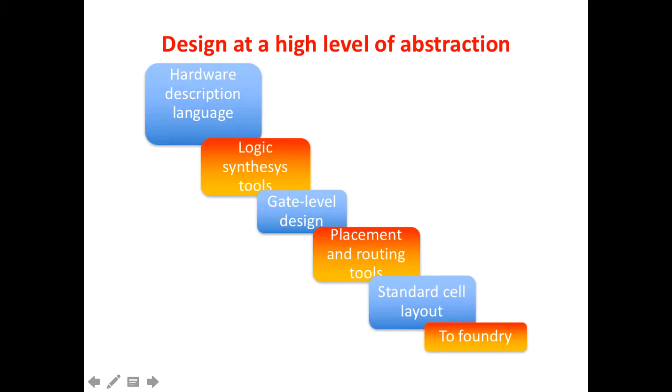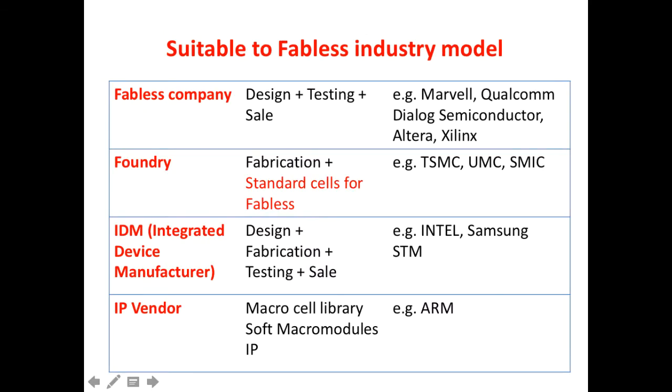You only need to know the constraints that the fabrication process is giving you, which are described in terms of design rules. And then only at the end you can go to the foundry. So this type of scheme is very suitable for the fabless industry model.